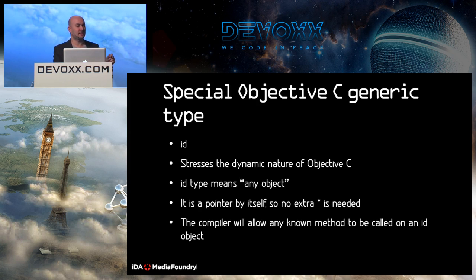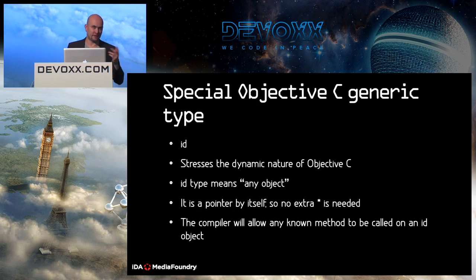And ID means any object. You have to take care of your ID variables, because the compiler, once it knows a certain method on any class, it will never complain if you call that method on an ID-typed variable. So there's no real type checking anymore. You won't be safe. So do make sure you know what you are doing if you are using ID. For now, you will only need it in the initializer part, so do it there.